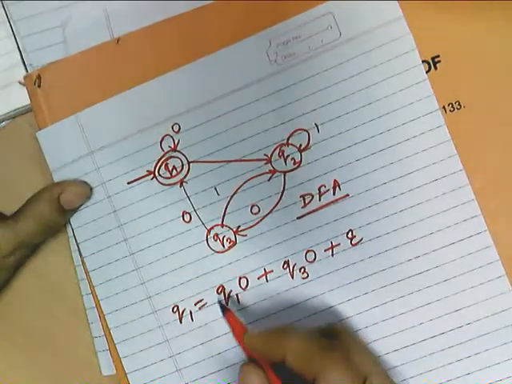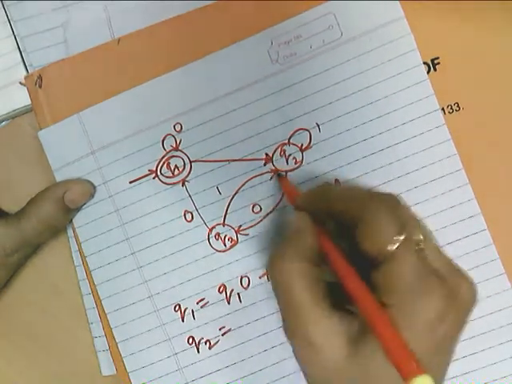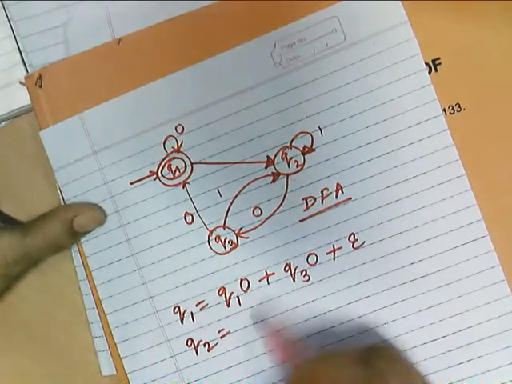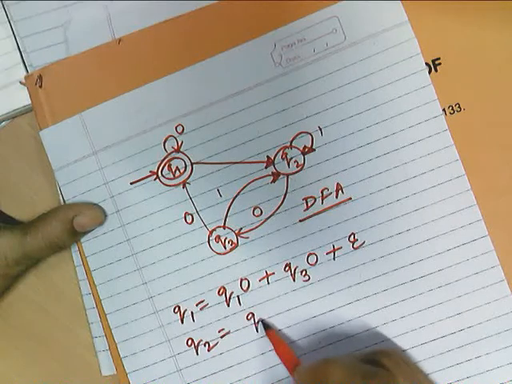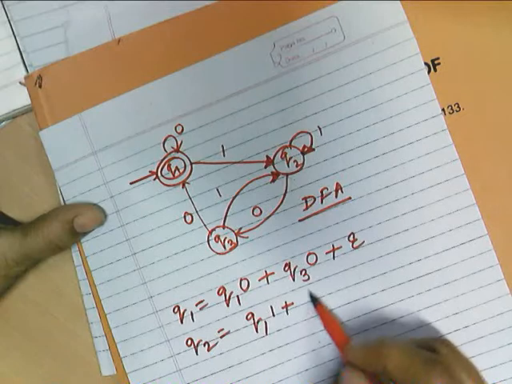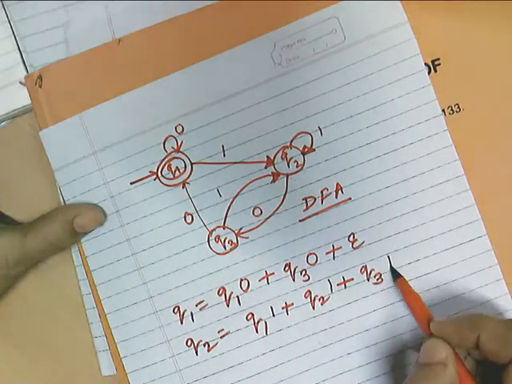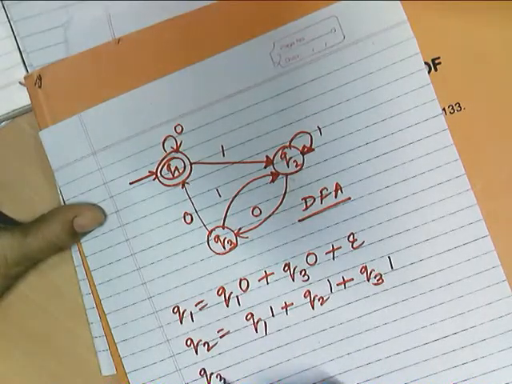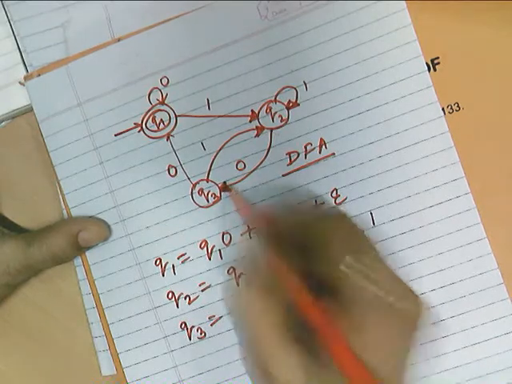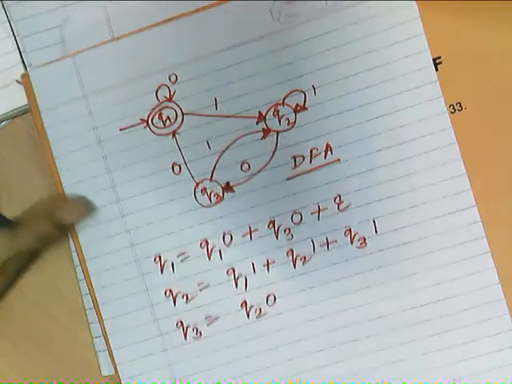Now the Q2 equation: all incoming edges. How many incoming edges? 3 incoming edges, so 3 factors will be there. Q1 1 plus Q2 1 plus Q3 1. Now for Q3 the equation: how many incoming edges? 1. Any more? No. So it will be Q2 0.